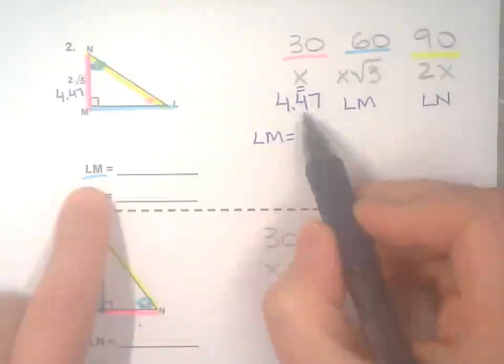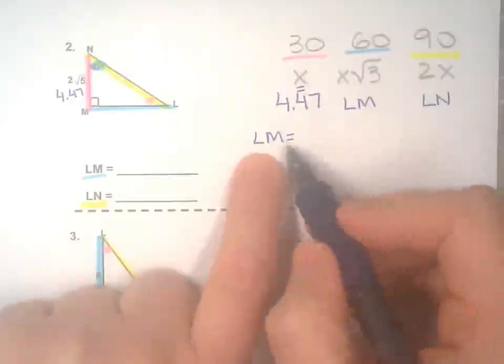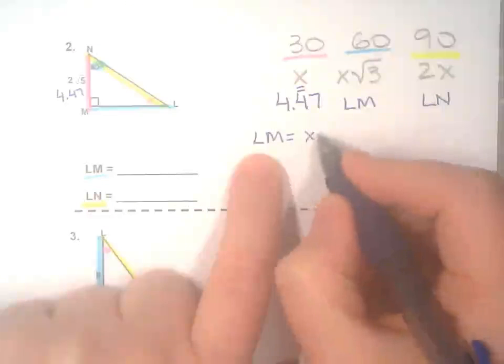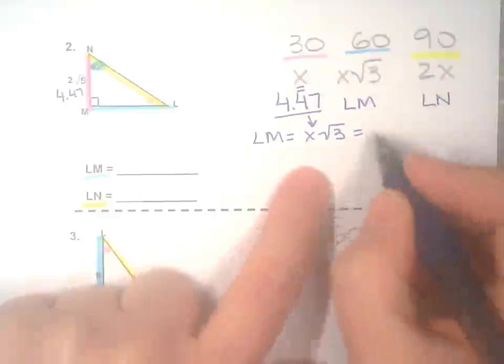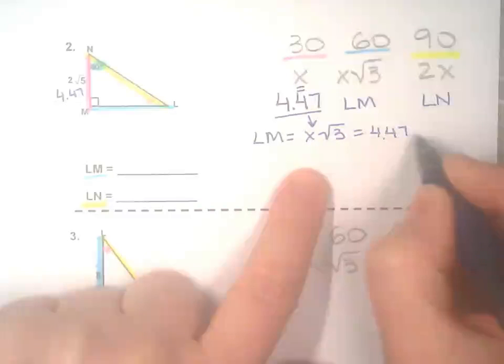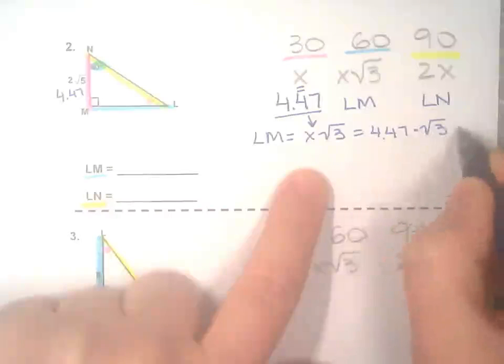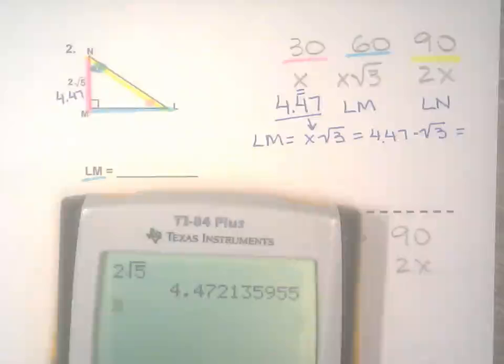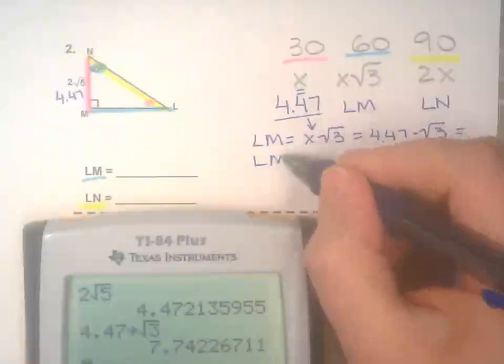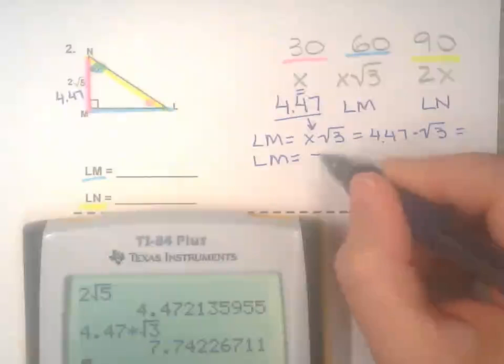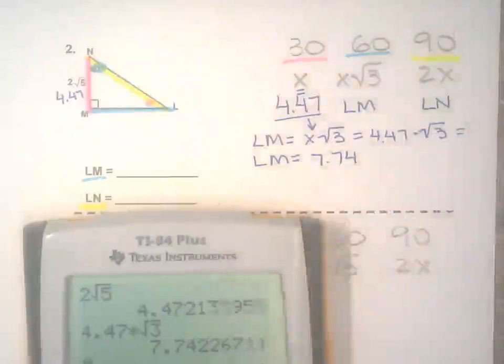I know X equals 447. I know LM is X square root of 3. So go ahead and replace that value right there. So 447 times square root of 3. So I know LM equals 774.